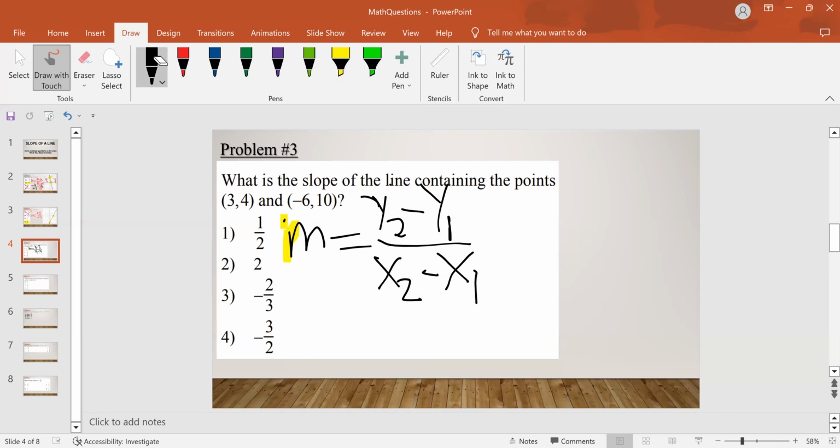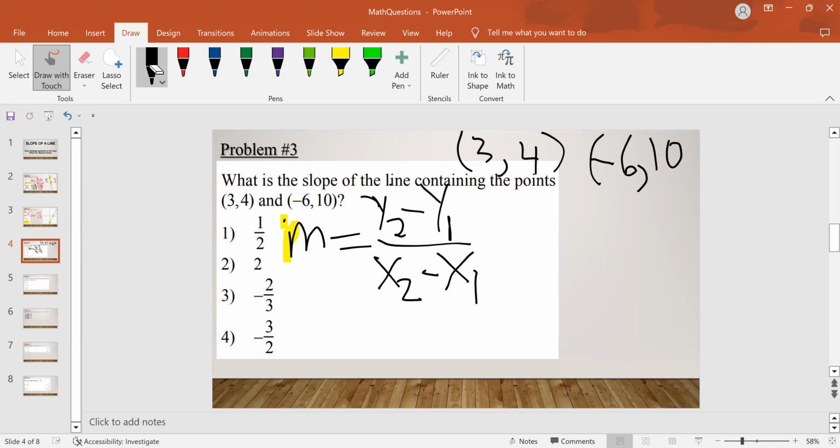So the first point, they say 3, 4. Okay, write it down. You have 3, 4. And the second point, we have negative 6, 10.